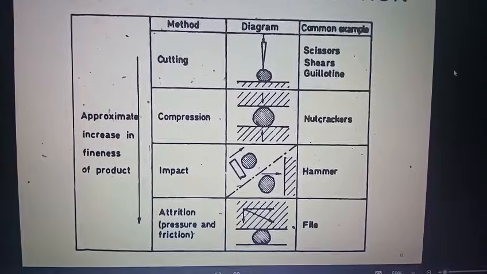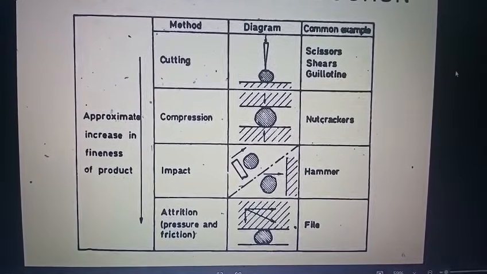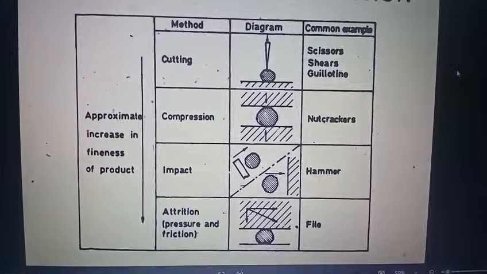One very important thing I want to tell: in size reduction, when a question comes about the mechanism or mode of stress, you have to draw one diagram for the mode of stress. In the book the diagram is not there, only the mechanism.